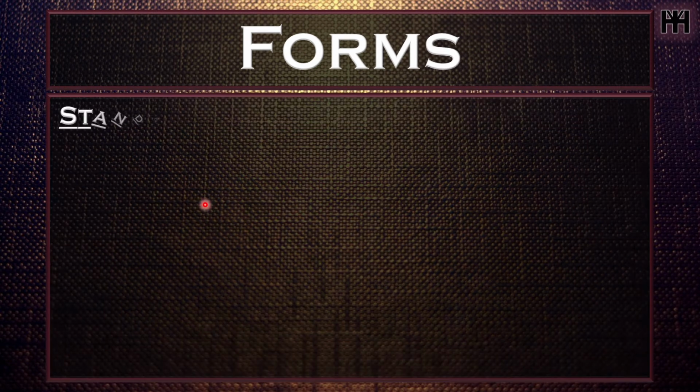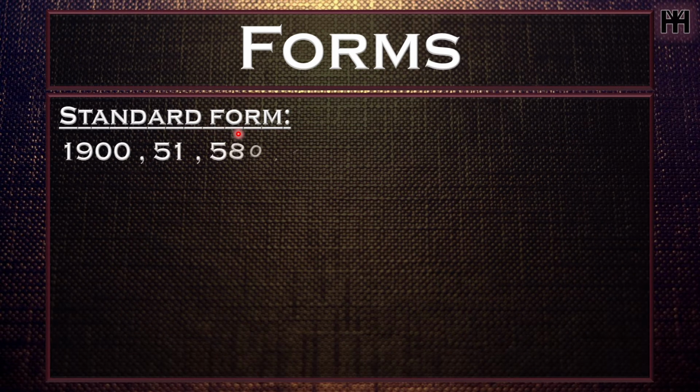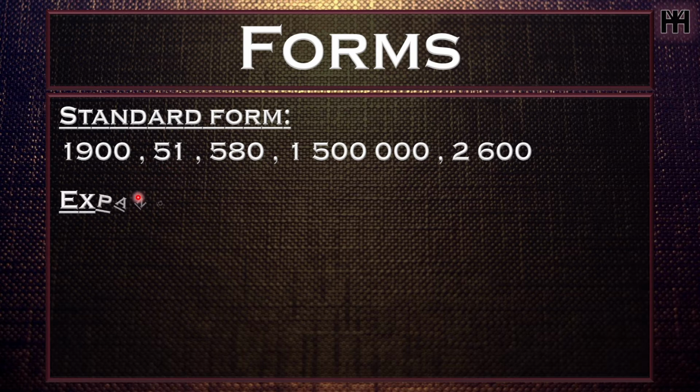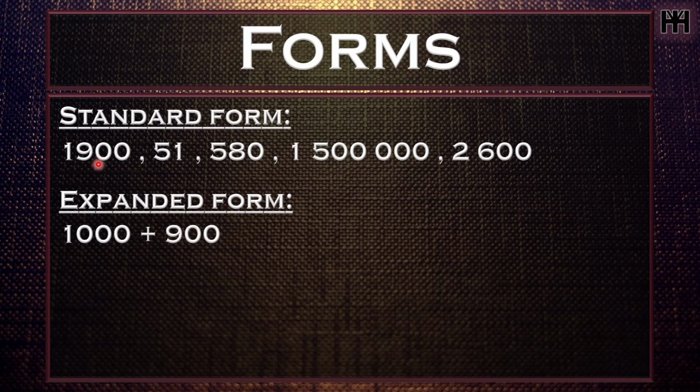Forms. The standard form is the way that we normally write the numbers. It's the normal way that we always write numbers. The expanded form is when we separate the number, like here 1900. We have 1000 plus 900. We separated both of them, the 1000 and the 900.